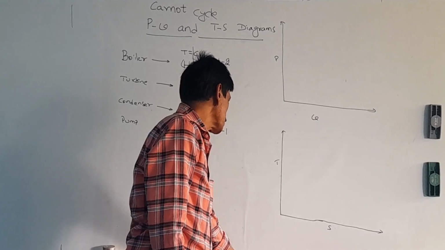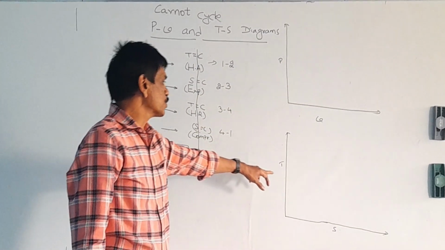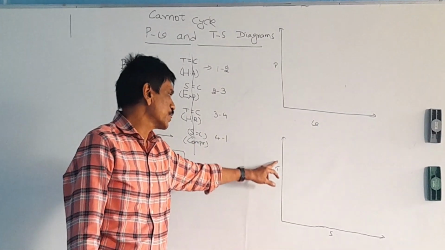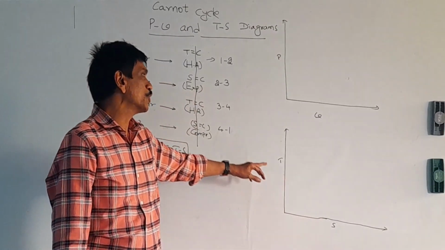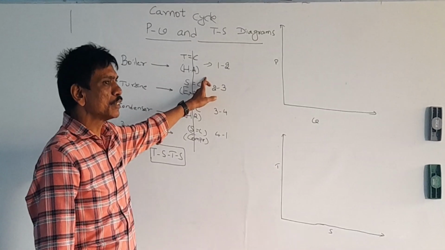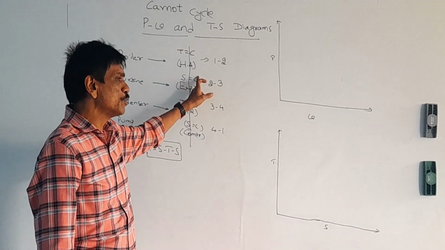Drawing the TS diagram is very simple. On this TS diagram, the coordinate axes are shown. The temperature is taken on the y-axis, the entropy is taken on the x-axis. The first one is the isothermal heat addition. Keeping temperature constant, the heat will be added.